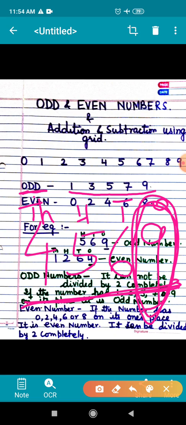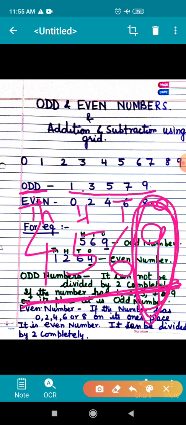Children, odd numbers cannot be divided by 2 completely. Remember that if any one of the digits 1, 3, 5, 7 or 9 is present on the ones place in any number, then the number will be considered an odd number.